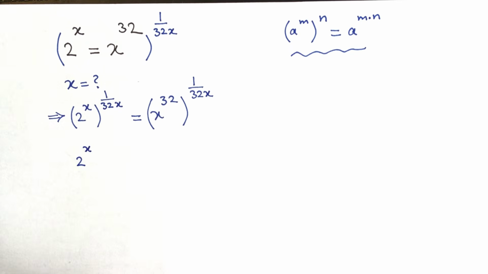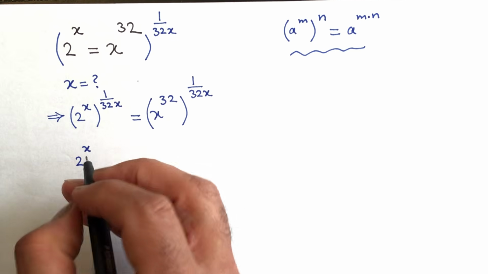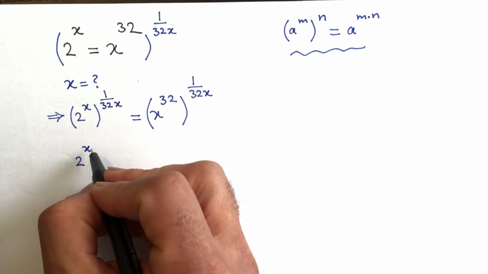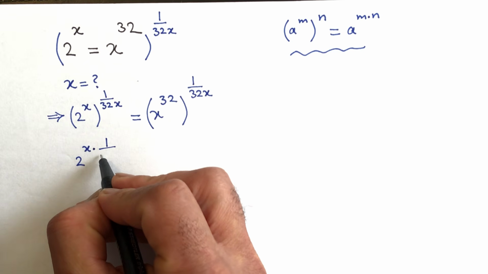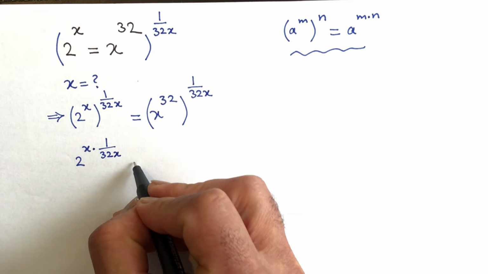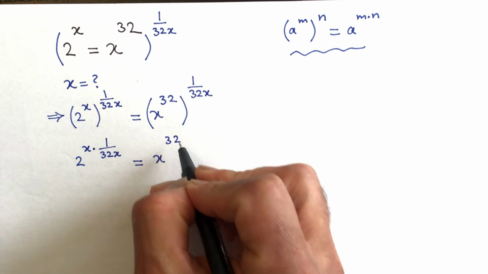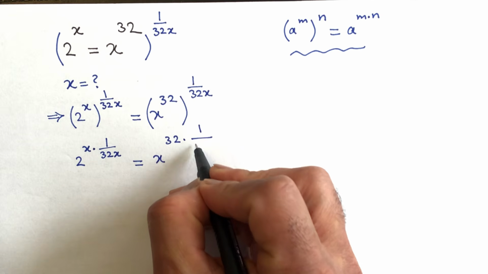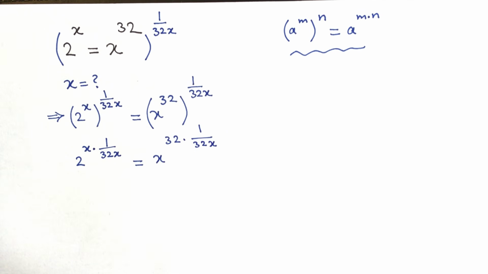Then x to the power of 1 over 32, from this rule it's simply multiplication: 32 times x equals x to the power of 32 times 1 over 32 times x.